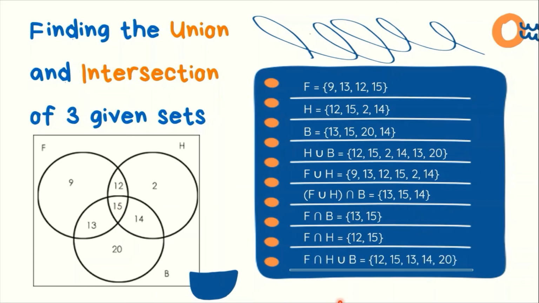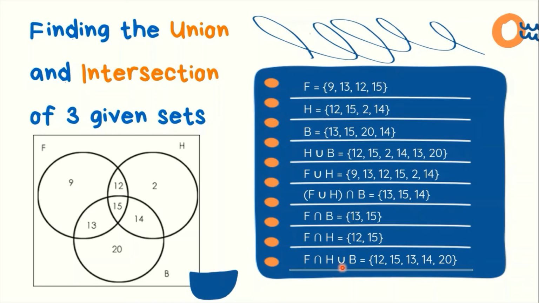At dun tayo sa medyo complicated ulit na example ng set operation. F intersect H union B. So unahin natin yung F intersect H. Ito yung F, ito yung H. Ang common sa kanilang dalawa ay 12 at 15.